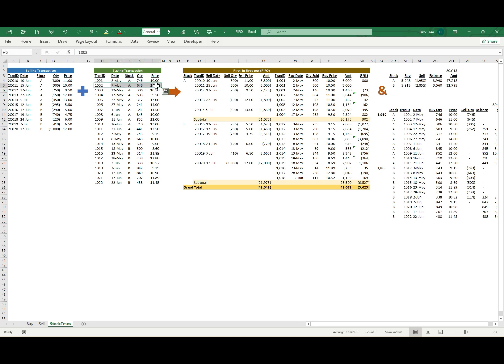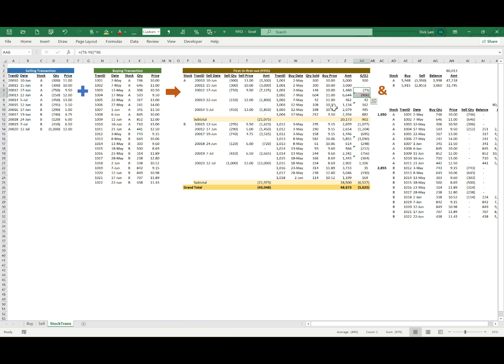The purchase price is $11. Obviously, we have a loss. You see that the loss is 906 for this batch of 604. Altogether for the 750, the loss is $979. This logic is clear, and we apply this logic to the other transactions.